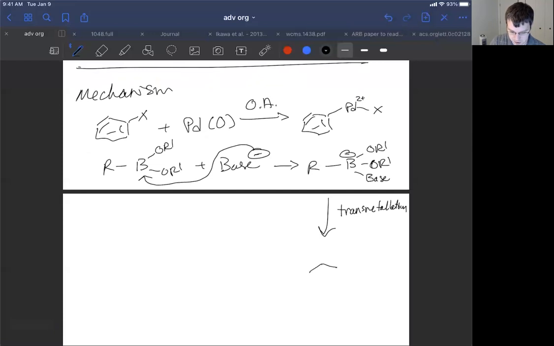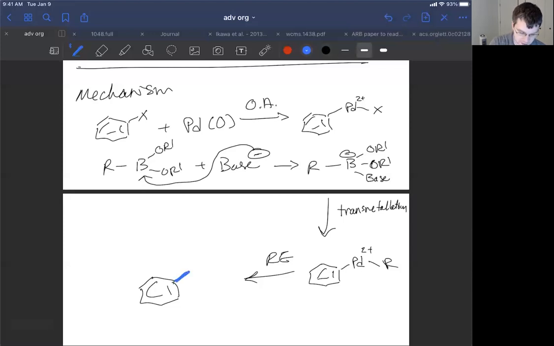But after the transmetallation, we have the palladium aryl now attached to an R group, which can undergo reductive elimination. Now, just like before, we have the things that are not catalytically active, and that is the boron agent, just like it was for the zinc and the tin from the previous studies.